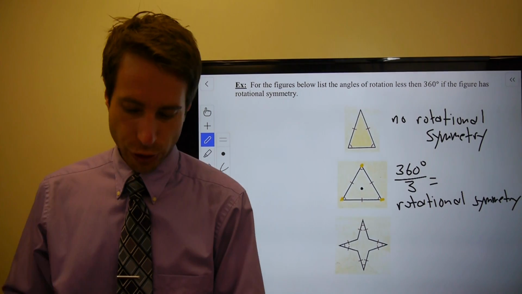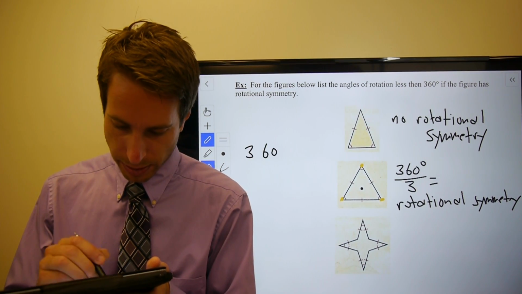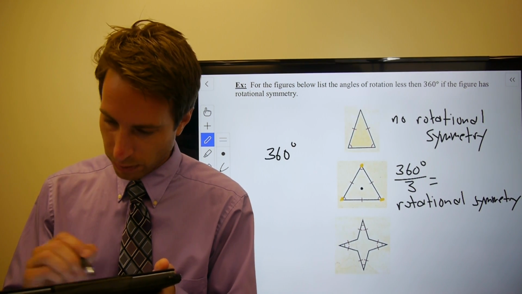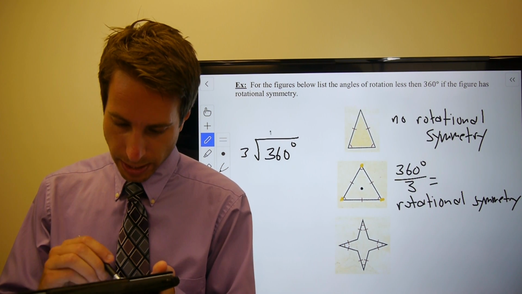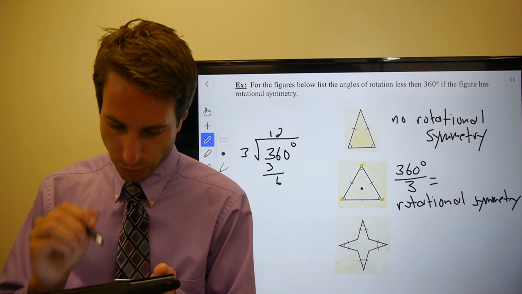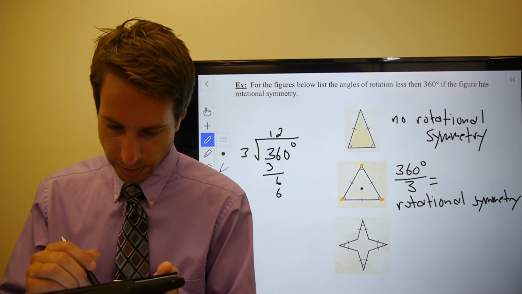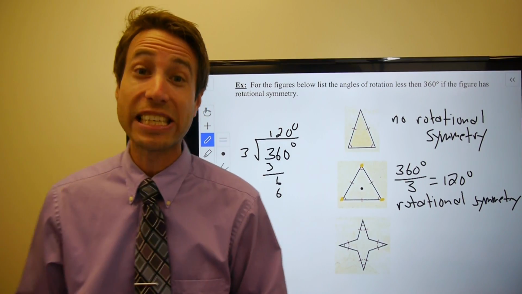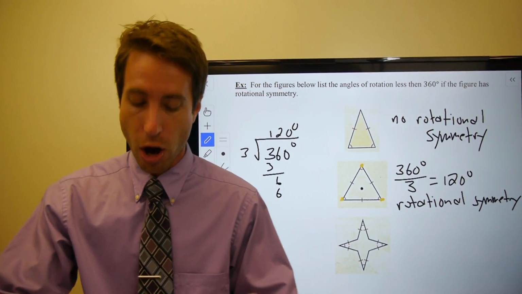Again here, let me just do this real quick. 360, that goes in 1 time. 1 times 3 is 3. Subtract, bring down the 6, 2 times 3 is 6, bring down the 0, 0. So 120, every 120 degrees, this object will map onto itself.